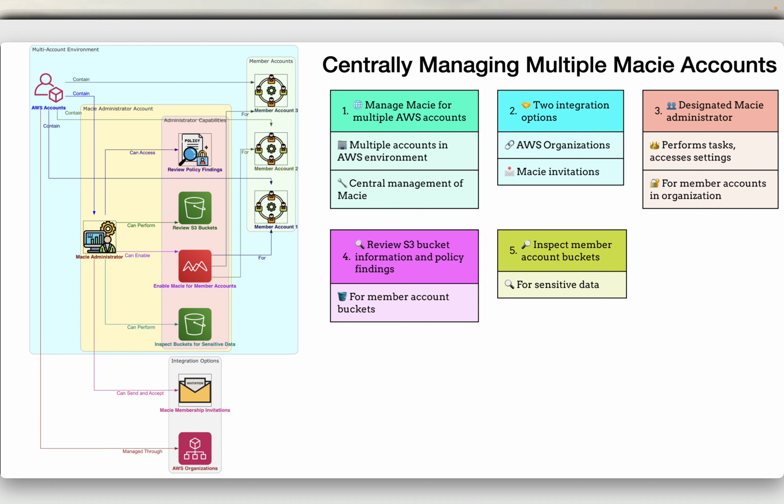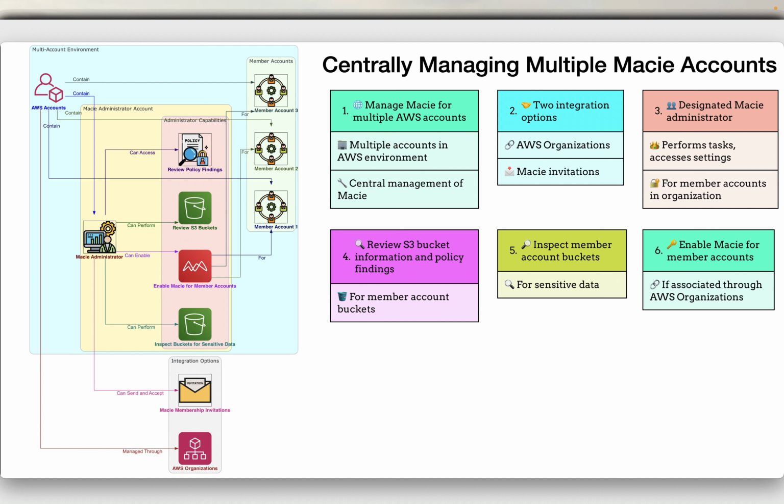The Macie administrator can also inspect the member account buckets for sensitive data. If the accounts are associated through AWS Organizations, the Macie administrator can also enable Macie for member accounts in the organization, so through its central location, if they are part of an AWS organization.